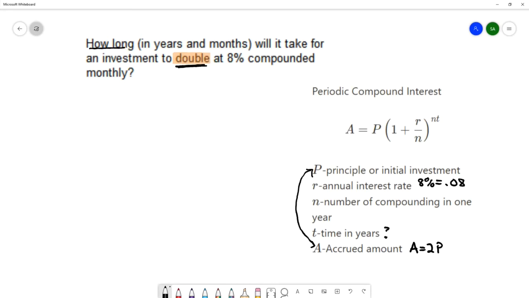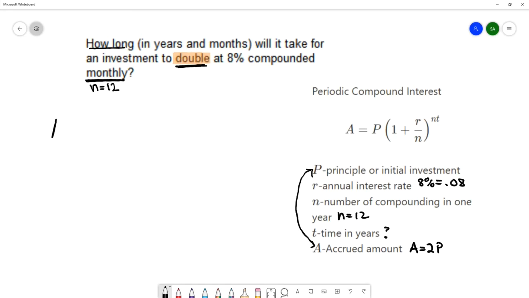So although we don't have numbers to put in place of the principal or the accrued amount, we do have that relationship between those two variables. In addition, the interest is compounded monthly, and that is 12 times in a year, and that gives us the value of n. So n is 12.